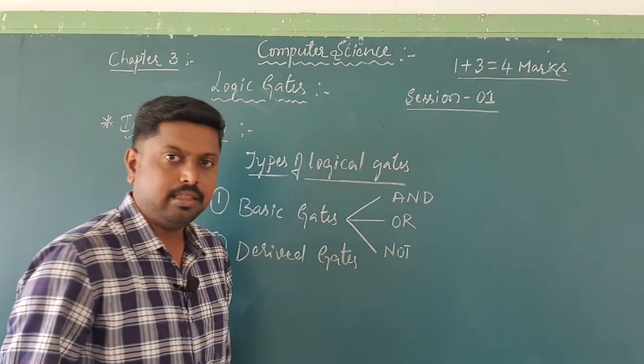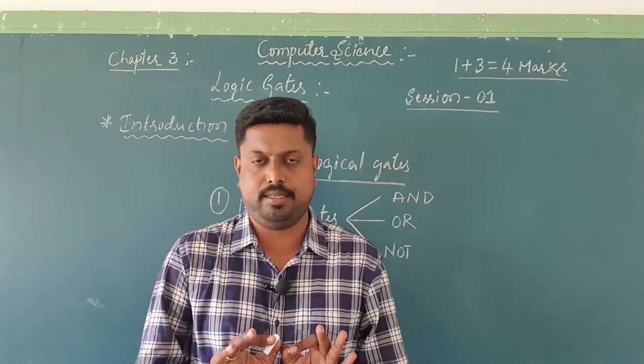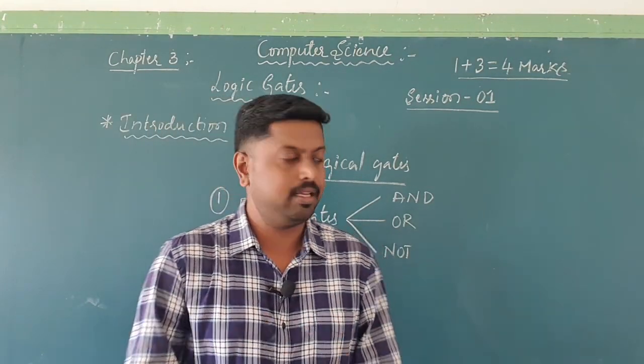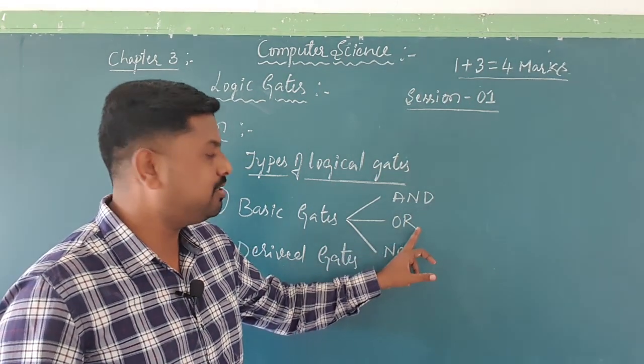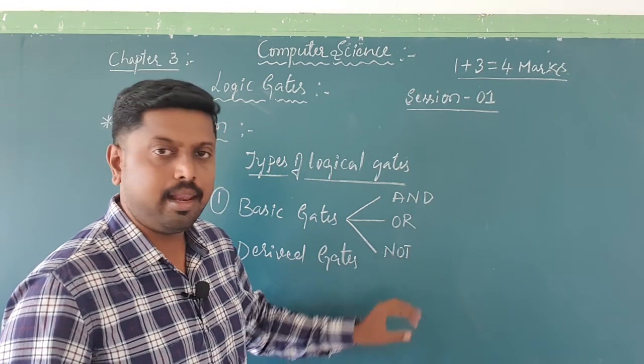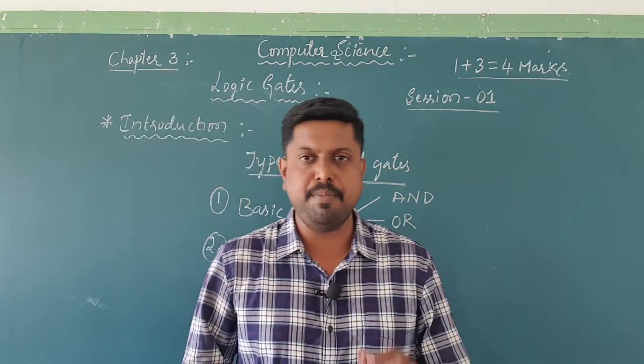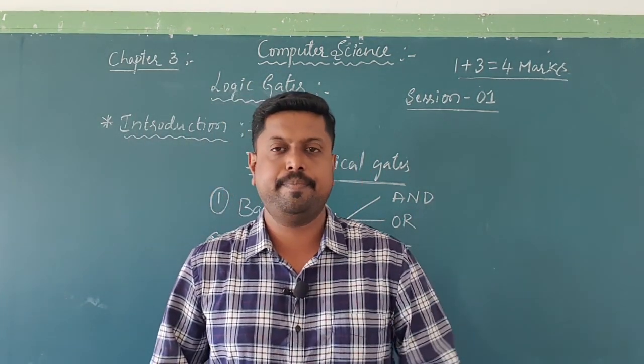Remember dear students, the names of the basic gates are logical AND, logical OR and logical NOT gate. These three are the major basic gates.